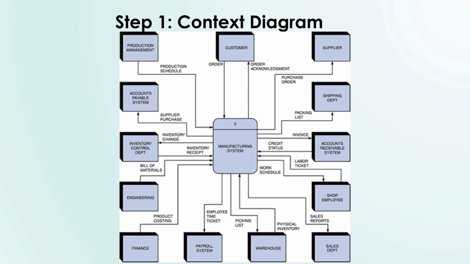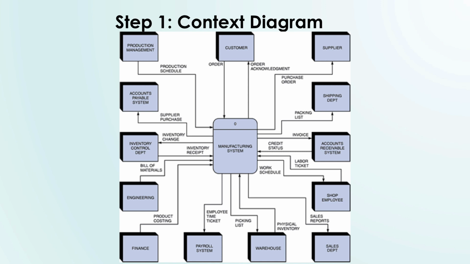It has no overlapping lines. All of the symbols are in one page. There is only one center process, and the center process is named as the system name. There are no data store symbols here because they are not required.